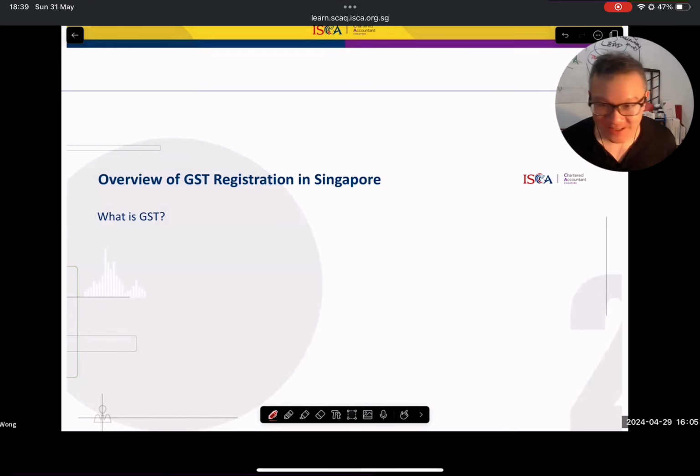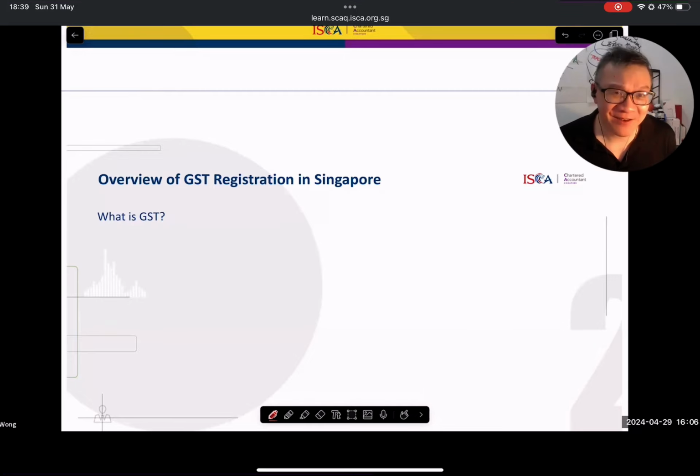The second component. The third one would be something you need to bear in mind. Although in your materials, you might be talking about companies, for GST purposes, we do not use company, we use persons. So persons could well be individuals, could well be companies. So you might be wondering, well, I'm a sole proprietor, do I have to register for GST?